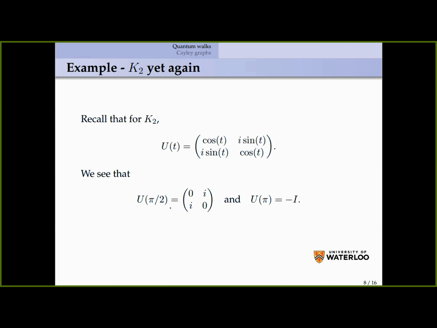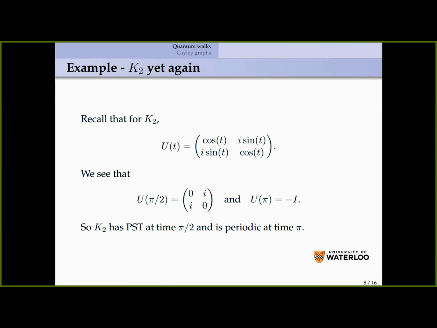And this is telling us that we have PST from u to v and from v to u at this time pi on 2. And then if we take t to be pi, we get negative the identity matrix, which means that both vertices u and v are periodic, which means that the graph is periodic.